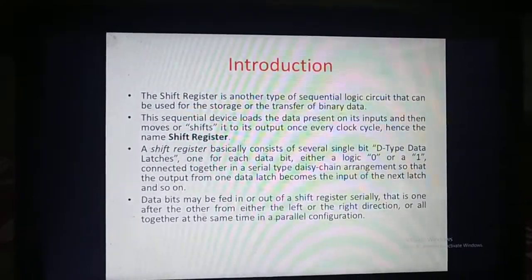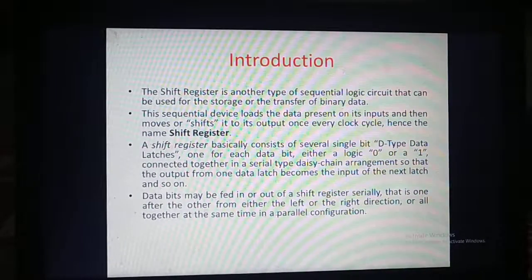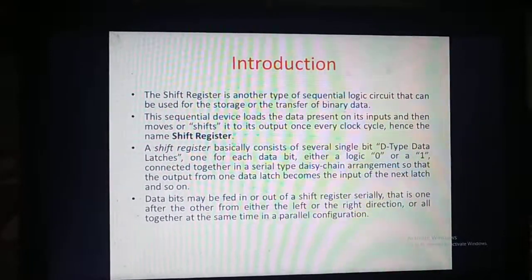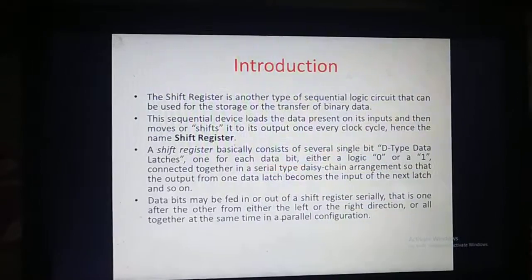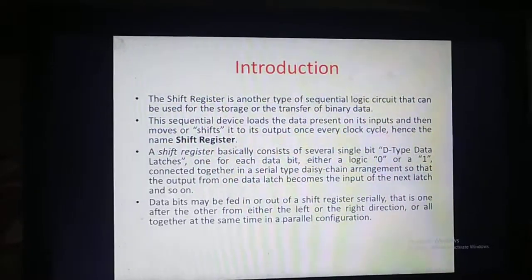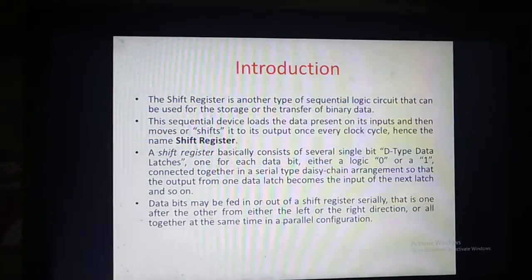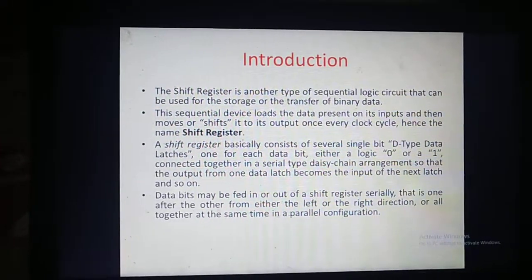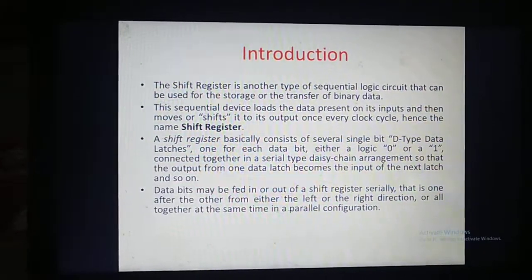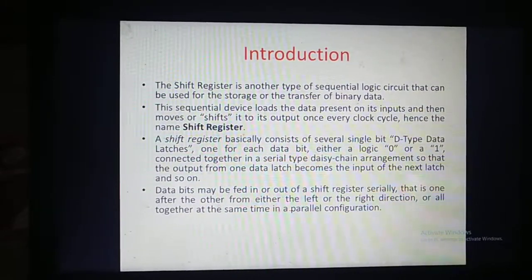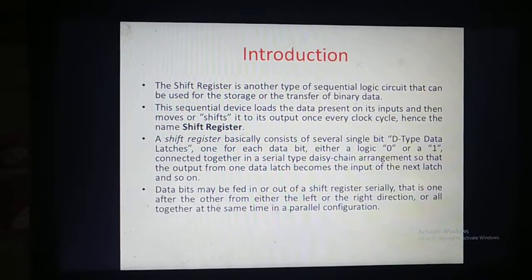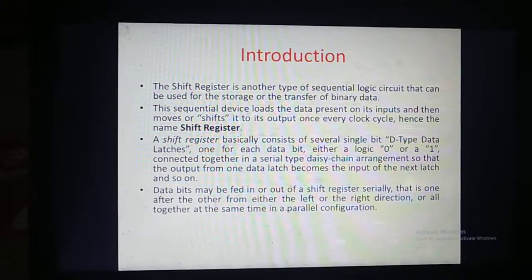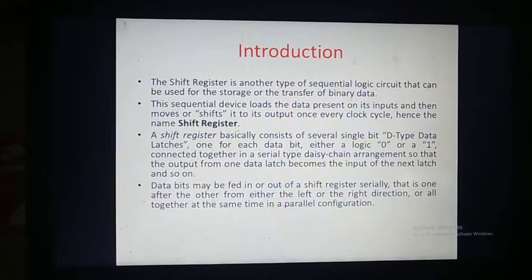It is another type of sequential logic circuit in which input and output can be connected through feedbacks. This sequential device loads the data present on its input and then moves or shifts it to its output once every clock cycle. Means in each cycle it will shift the data.